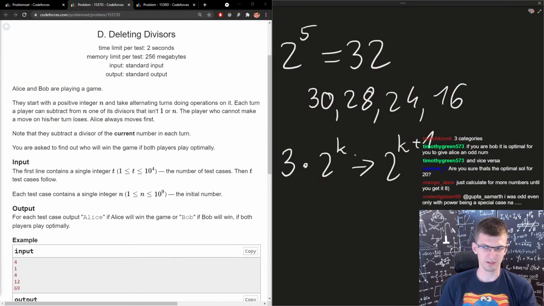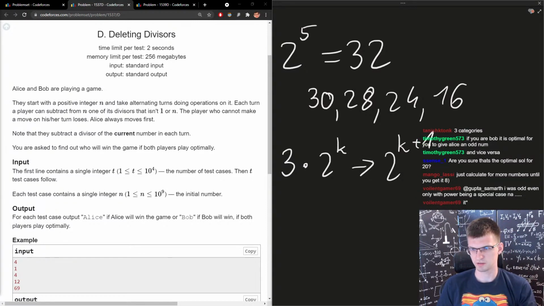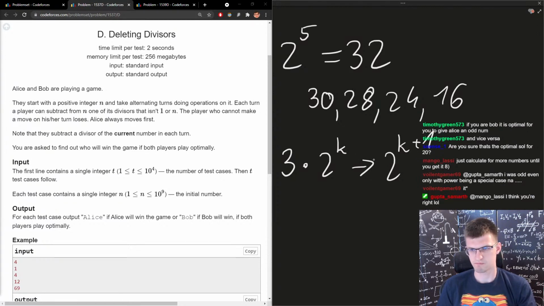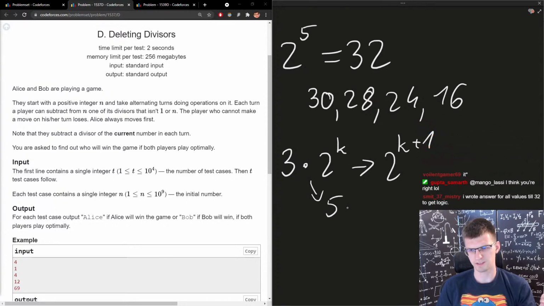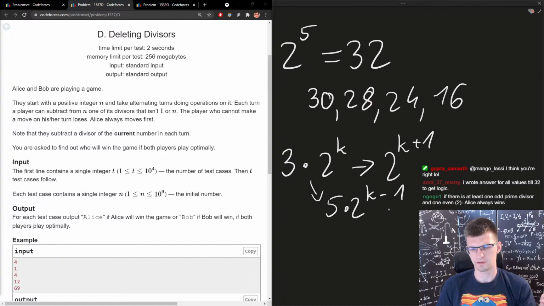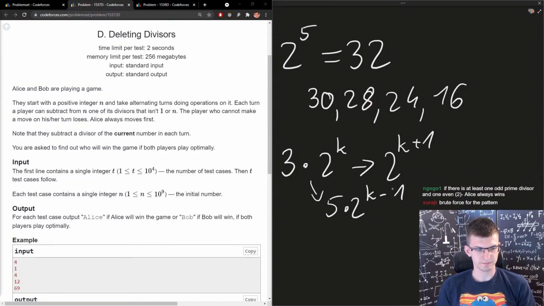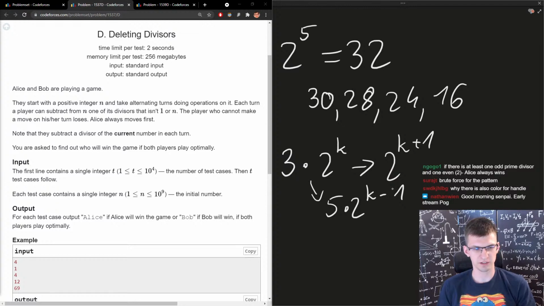I can subtract 3, so what? 2 to the k plus 1, 2 to the k minus 1. 2 to the k minus 1, that's 1/6 of this, so I think it's that. Everybody's saying brute force for the pattern.